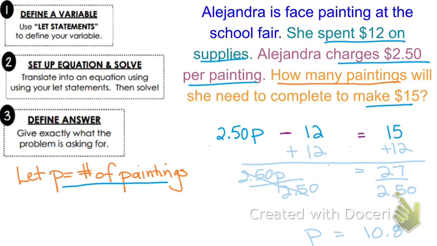So if she just did 10 face paintings, would she have made enough? No, she would have had to do 11 because it says 10 and then 0.8 more. You can't do 0.8 paintings. So she has to do at least 11 face paintings to make at least $15. So the answer here would be 11 face paintings.